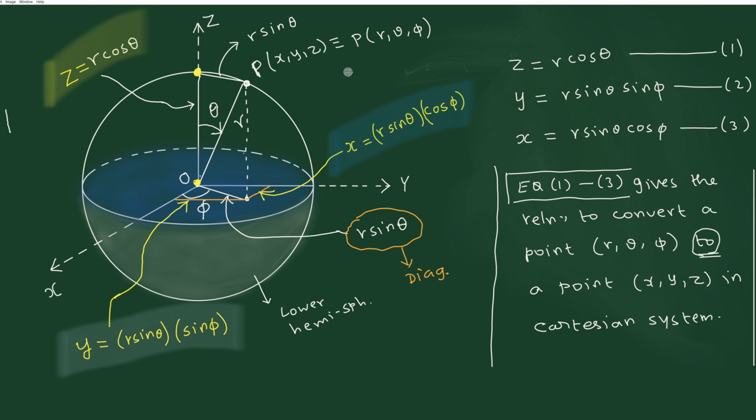Now what is to be understood further is that you have to identify where the unit vectors are. That is very important. And you also have to learn how to convert the unit vectors from the Cartesian to the spherical polar system. That is much more important and is also a little bit difficult. So that is yet to be done.